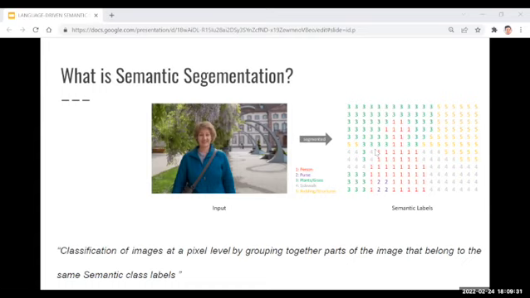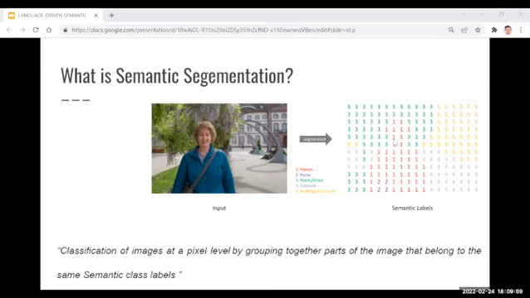If you see on the right side, these are the semantic labels that have been assigned. It has taken a few categories and assigned each pixel into different categories. For example, it has assigned the lady a label of 1, and this is how it has segmented her.